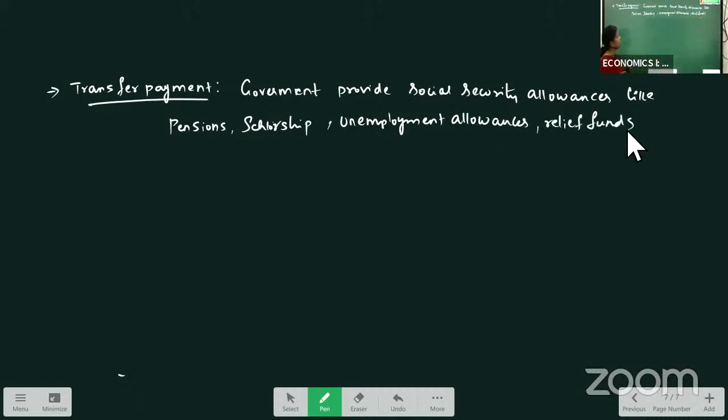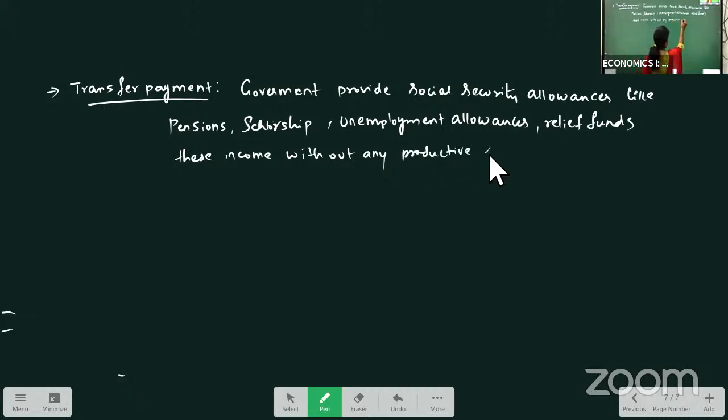Like pensions, unemployment, scholarship, unemployment allowances, relief payment, and these incomes without any productive service. These incomes without any productive service are called transfer payments.